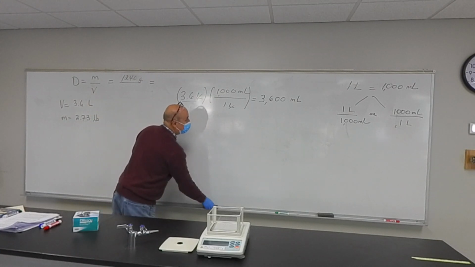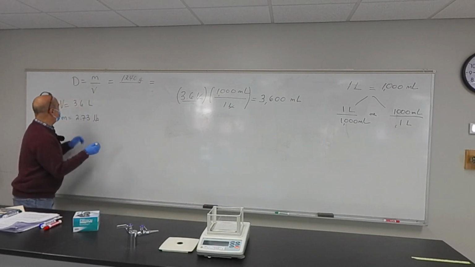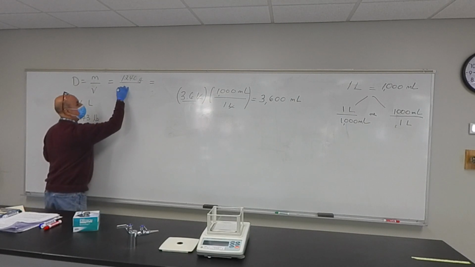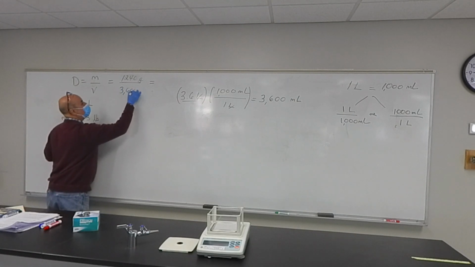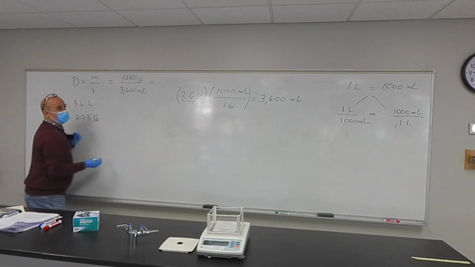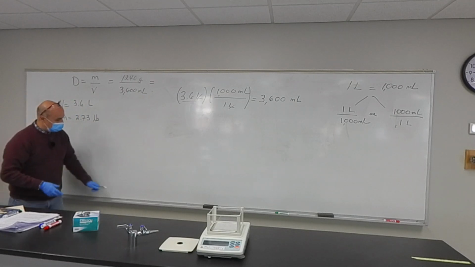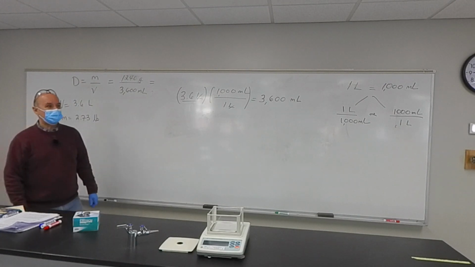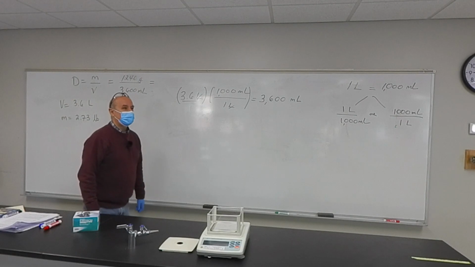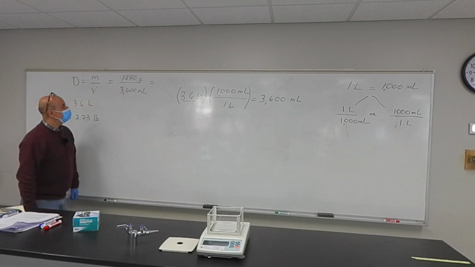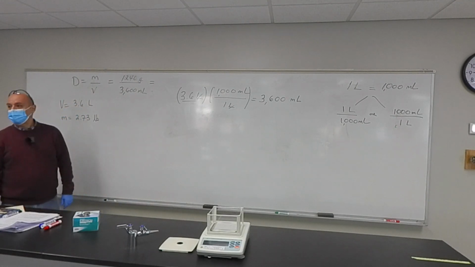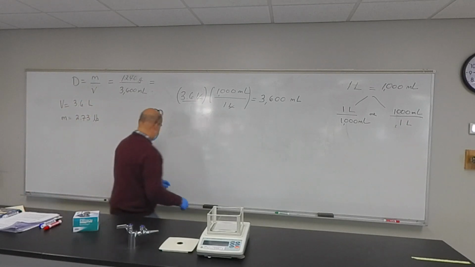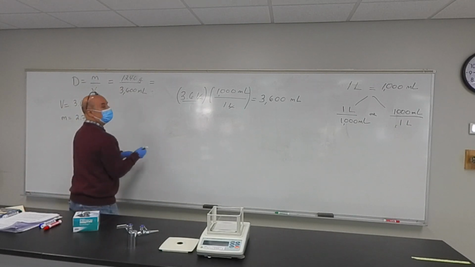Okay. So now we have the second number in the proper units, 3,600 milliliters. So can you please do that division, and let's report the answer to two significant figures. That's what they want. Which is 0.34. 0.34?